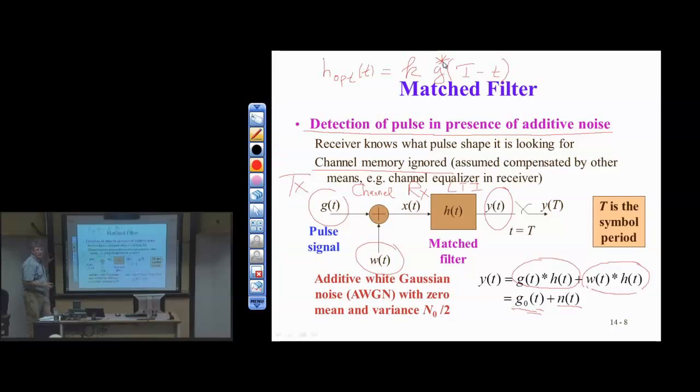A long derivation for a very simple result. But this tells me, for any pulse shape, just as an example, here we go. It's a rectangular pulse that lasts for Tsym seconds, length 1.